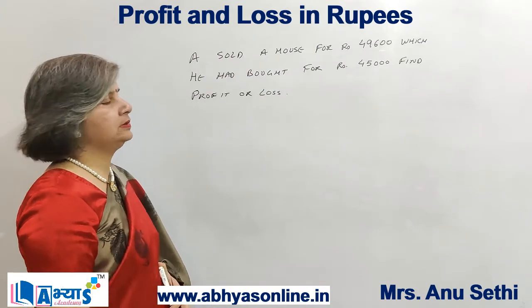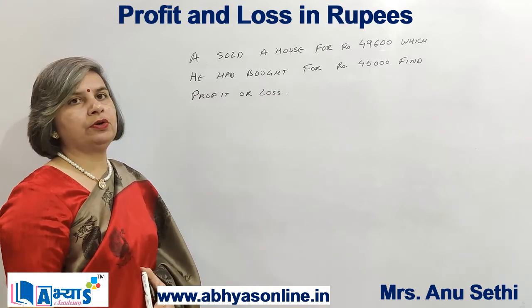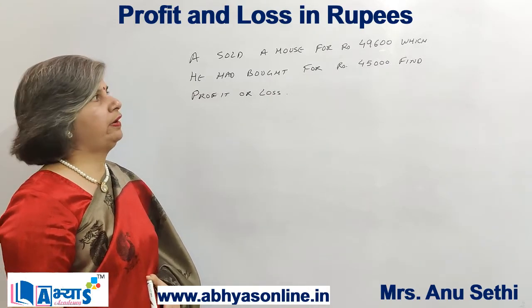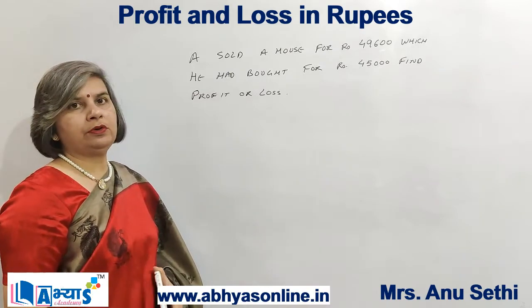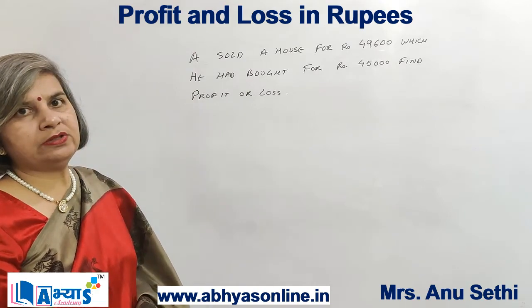Now let us discuss an example. Suppose we are given a question: A sold a house for ₹49600 which he had bought for ₹45000. Find the profit or loss. So we are given the selling price and the cost price of the house.